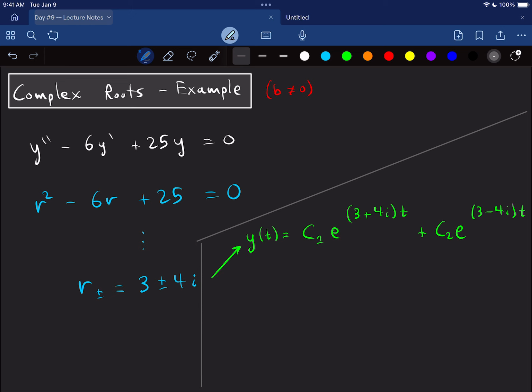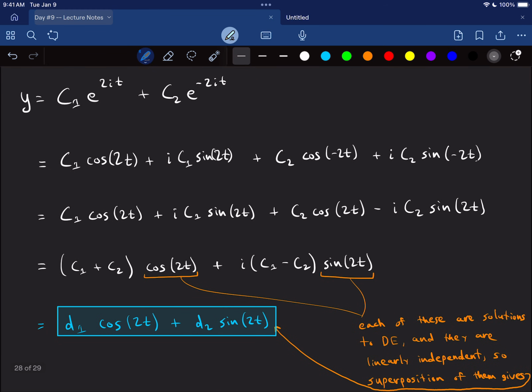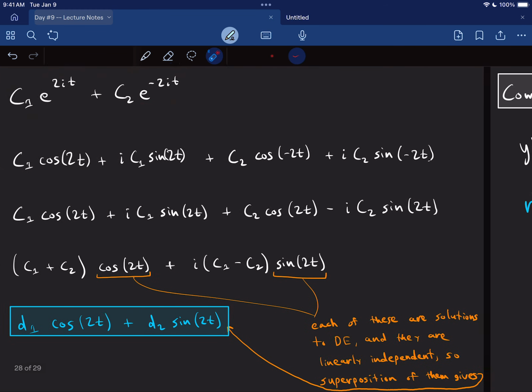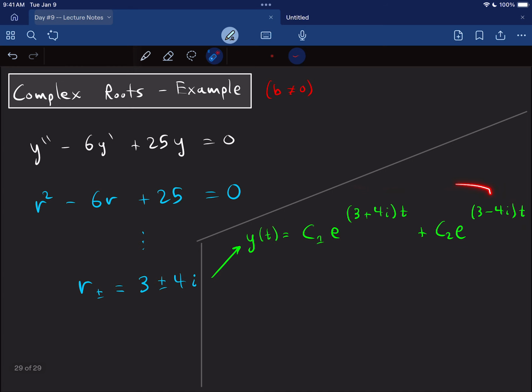Again, like we did, we just did this right here. I can take this whole thing and do the same thing that we did. I'm going to note something though. Something happens before I do that.